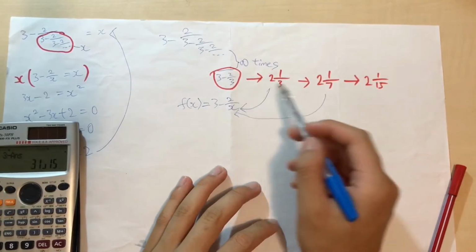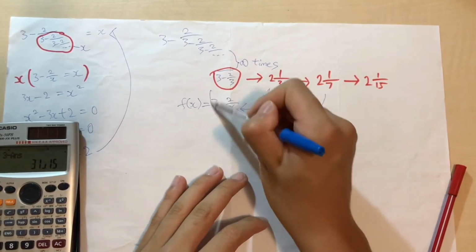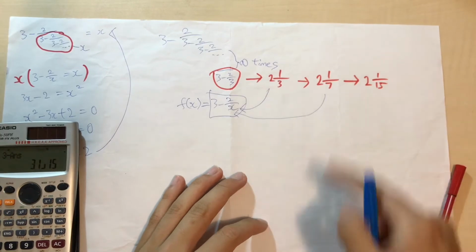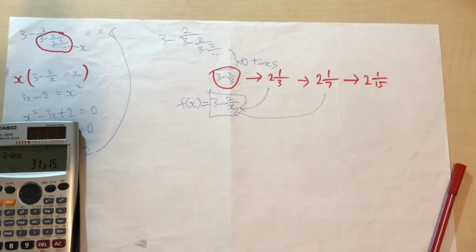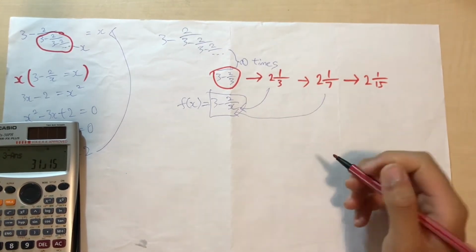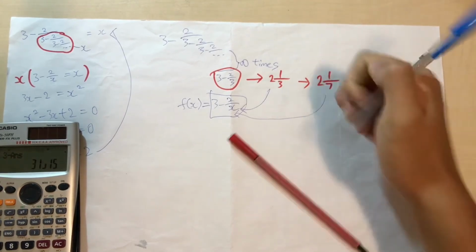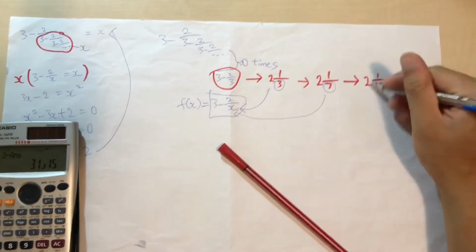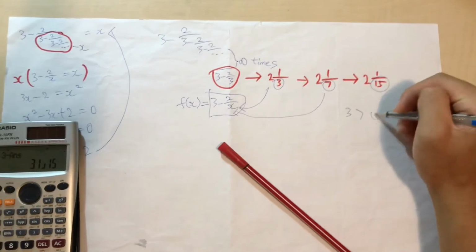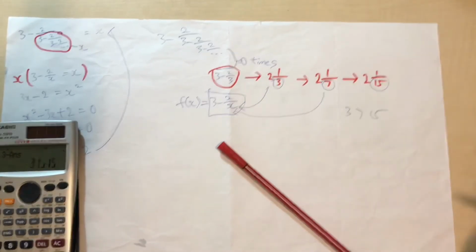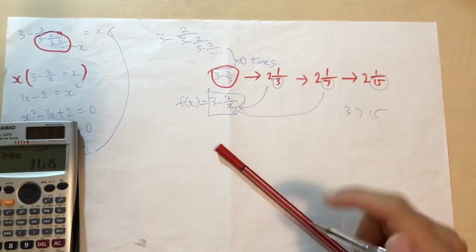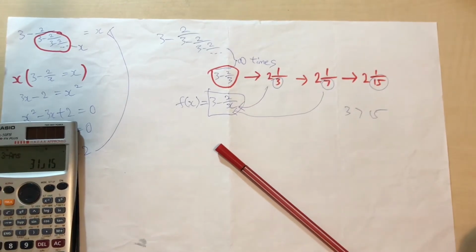When it is iterating with this formula, it of course has a pattern. And what's the pattern? Let's consider the denominators 3, 7, and 15. Because they all have 2 and a 1 over something, no need to care about them.